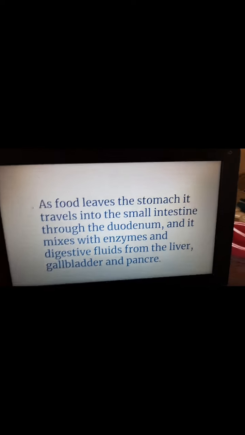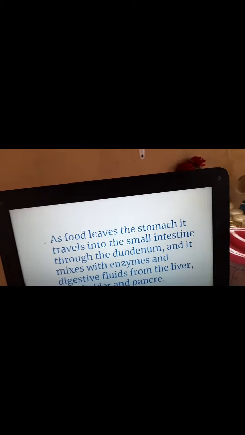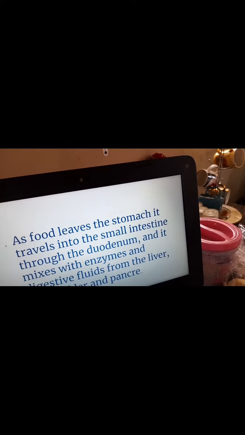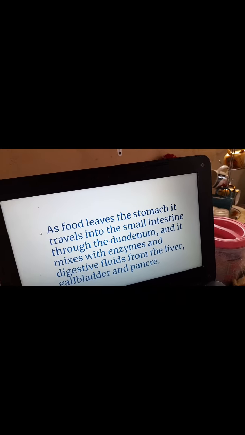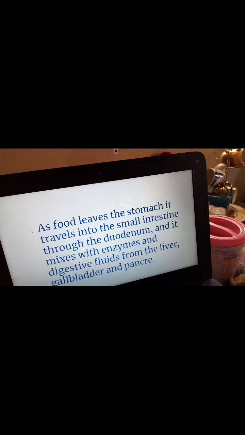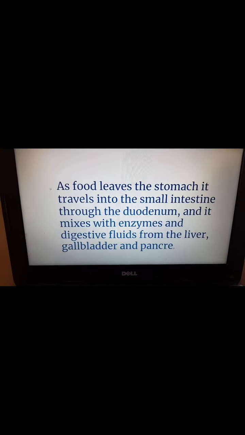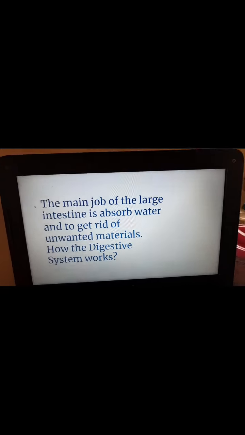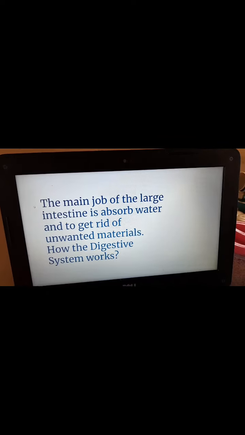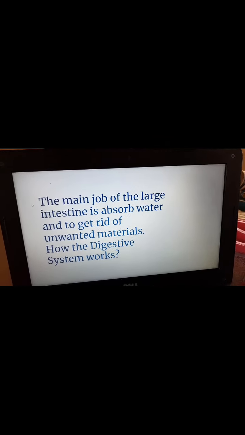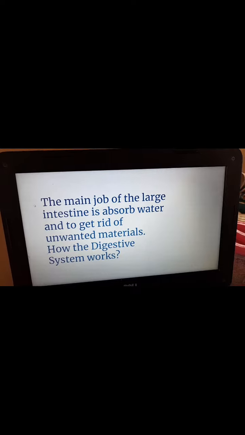Next. So from the small intestine, where does it go? Yes, that's very good. Give yourself a little clap. It goes into the large intestine. So here we have the main job of the large intestine is to absorb water and get rid of unwanted materials.